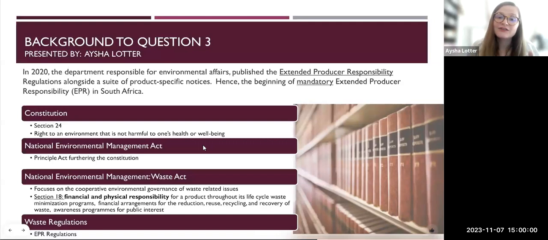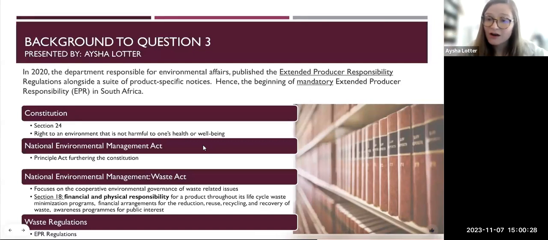We then have the National Environmental Management Act. That is the principal act that houses a fair amount of other specific acts that deal with different issues, one of which is the Waste Act, so the National Environmental Management Waste Act. We have other ones, the Biodiversity Act, the Water Act. All of these are considered specific environmental management acts.